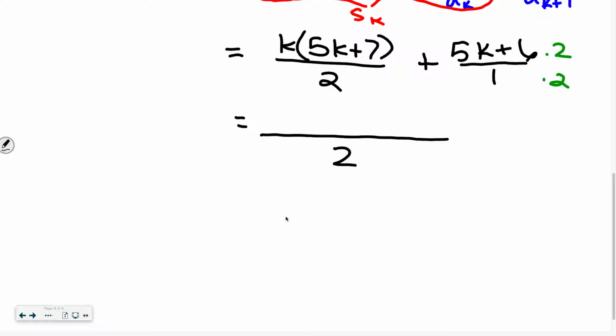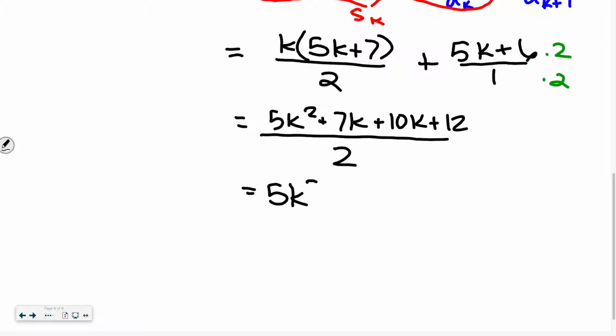Like I'll distribute this k to both terms, so that's 5k squared plus 7k. And then I'll have to distribute this 2, so that's plus 10k plus 12. Which gets me to 5k squared plus 17k plus 12 all over 2.